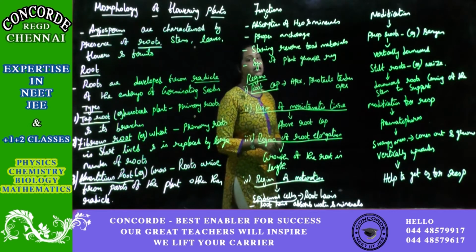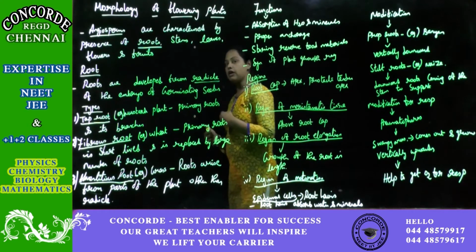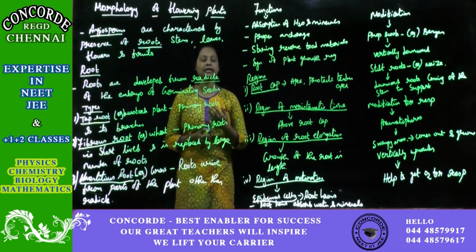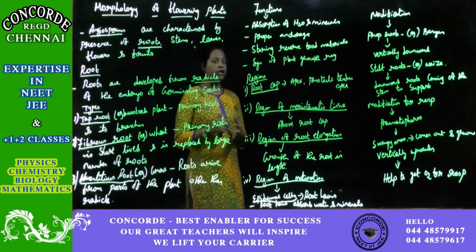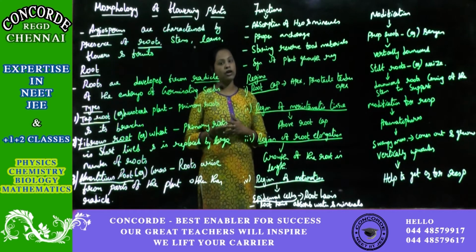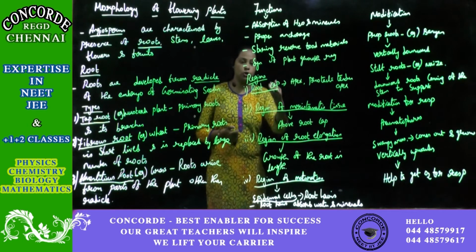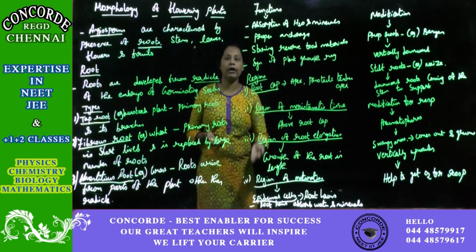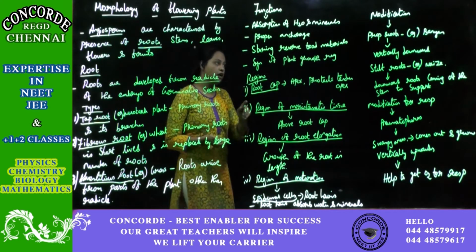This development of root hairs signifies that maturation is happening. What is the function of root hairs? As I have already told you, absorption of water and minerals. So this is about the four regions of the root.